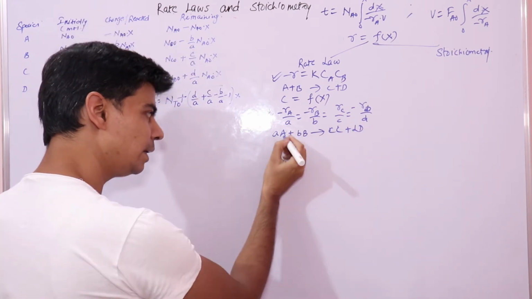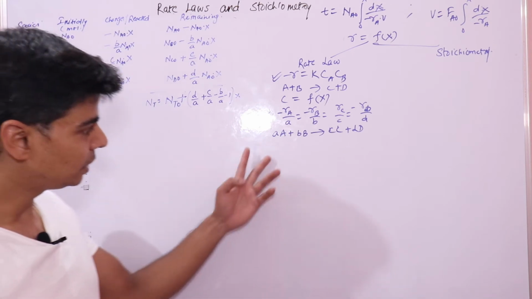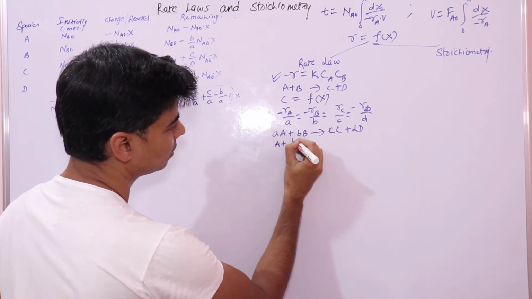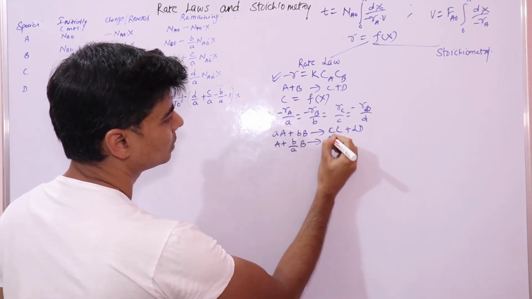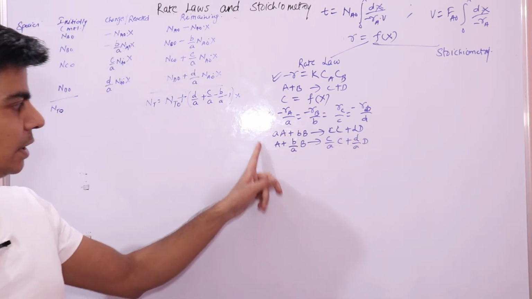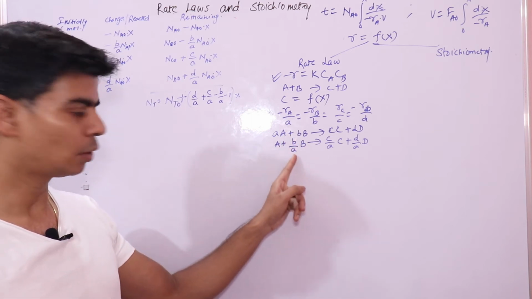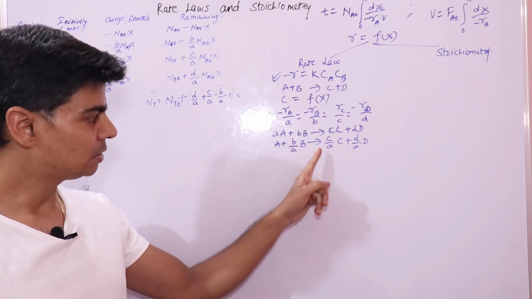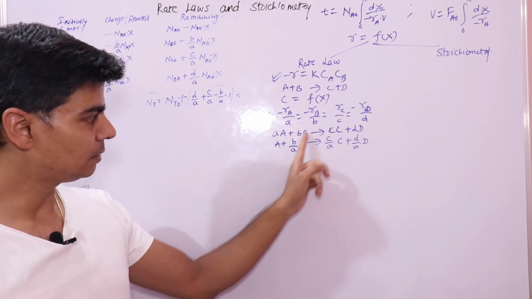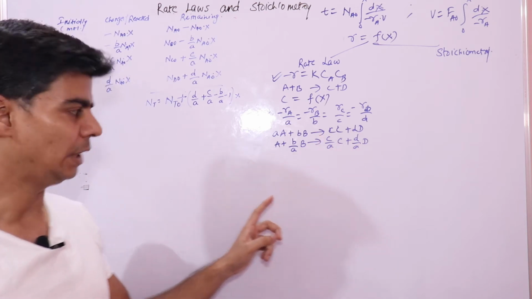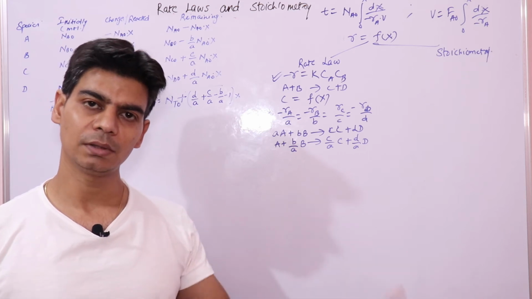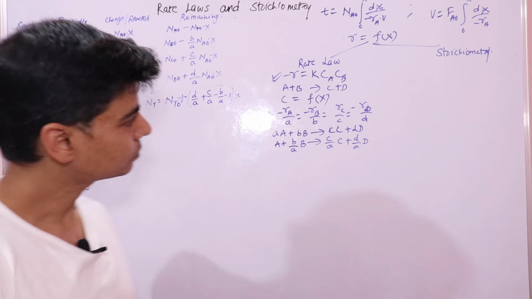What we will do is take A as the limiting reactant, and define the others on the basis of per mole of A, like this: A plus b upon a B gives c upon a C plus d upon a D. So what it means is 1 mole of A reacts with b upon a moles of B, to form c upon a moles of C and d upon a moles of D. So we have expressed everything in terms of 1 mole of A, and A is your limiting reactant. The limiting reactant is the one that completely finishes in the reaction.